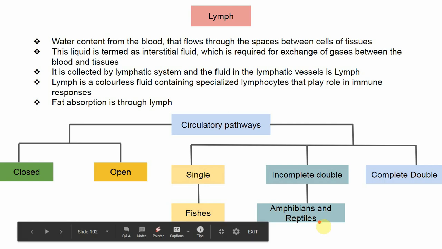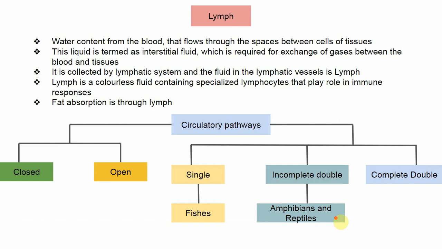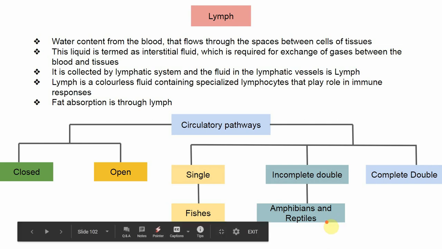So both the oxygenated and deoxygenated blood enter into a single ventricle cavity. As a result, there is mixing of blood, and this completely mixed blood is pumped to the different parts of the body. So this kind of circulatory pattern is called the incomplete double circulatory pathway.